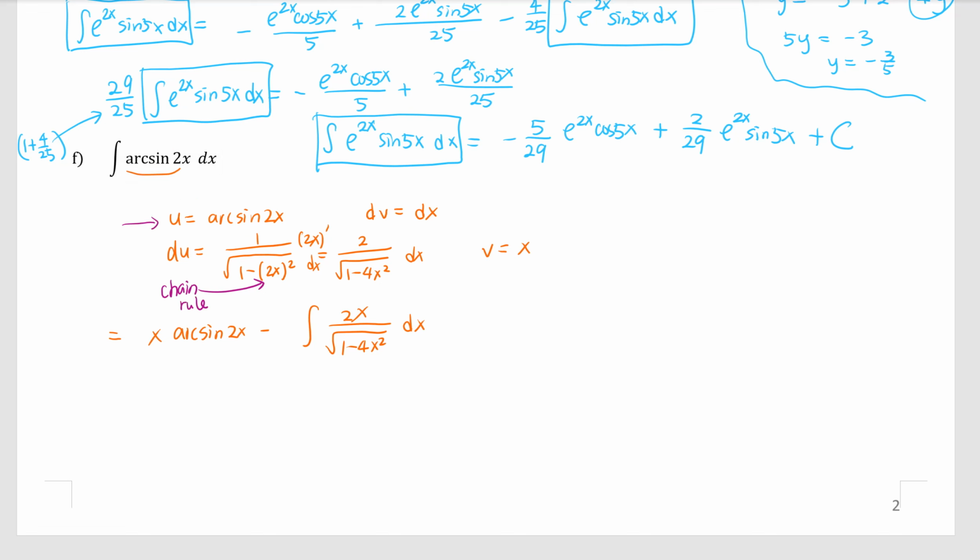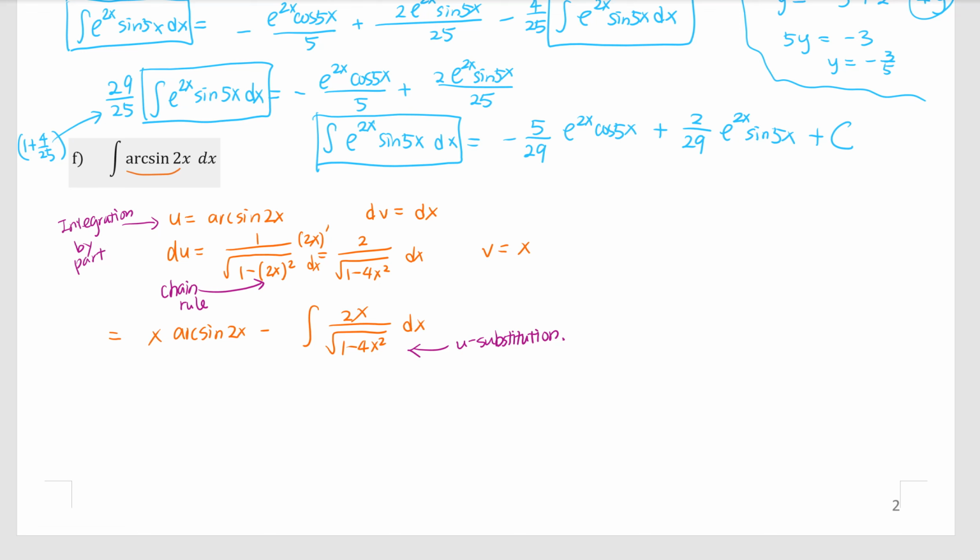Here the u is integration by parts. Here the u is the u substitution. Oh, so this is really a good example. It gathers all those confusing things together, so we can see the difference between them and compare them.